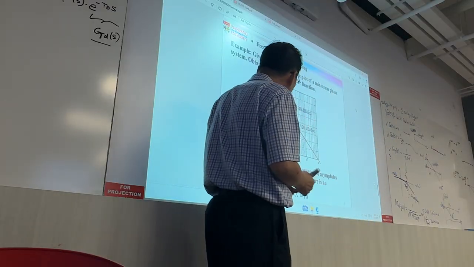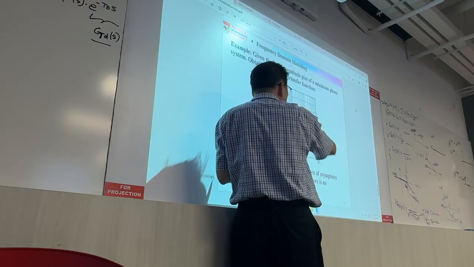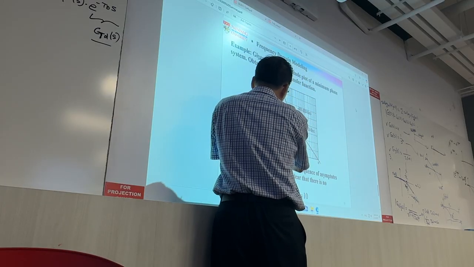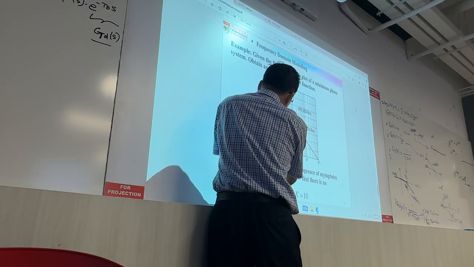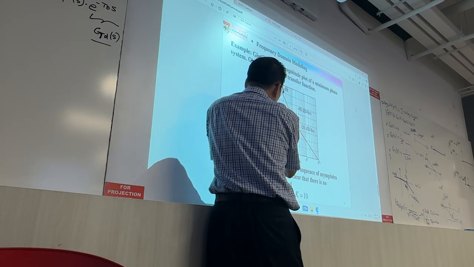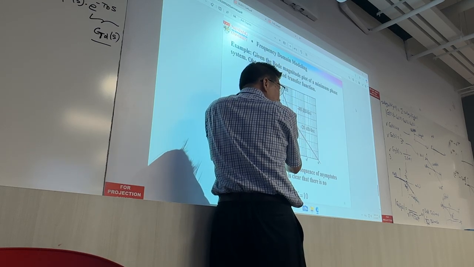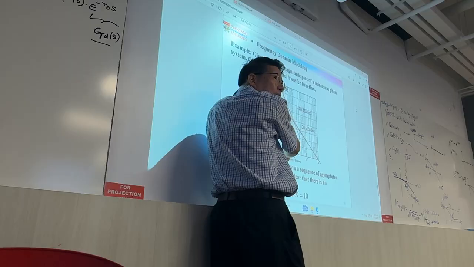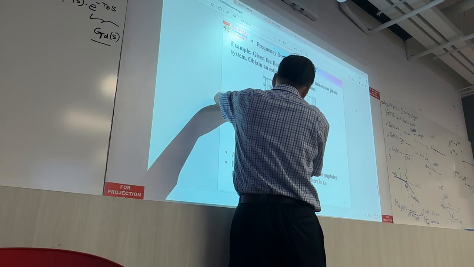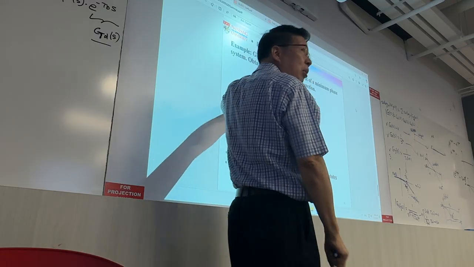The first thing we do is plot the Bode plot on this semi-log paper, and then at the corner we construct the slope. This is minus 40, minus 60, 1 decade. So this line has a slope of minus 20 dB per decade. And then here, minus 20, minus 60, and this line has a slope of minus 40 dB per decade.